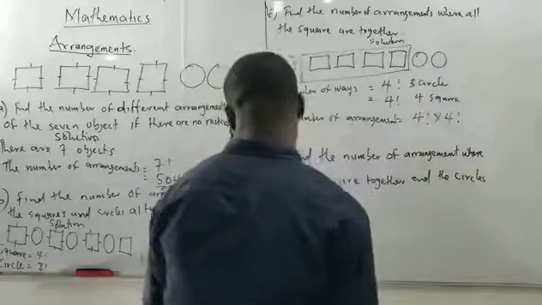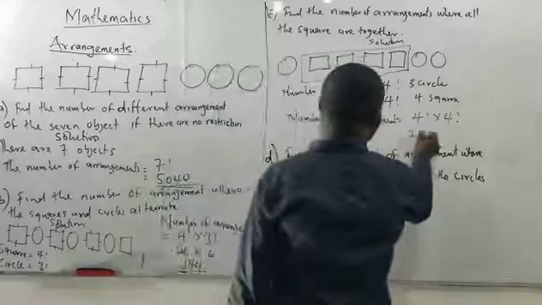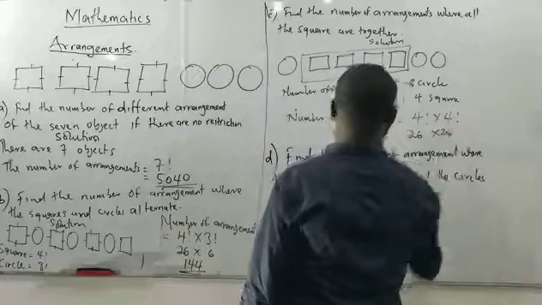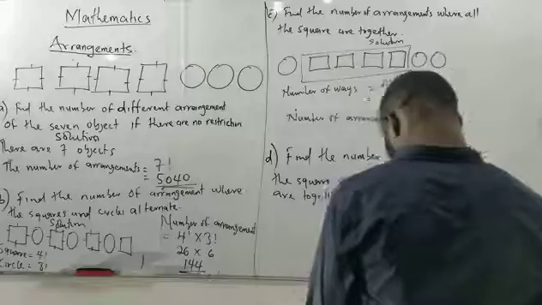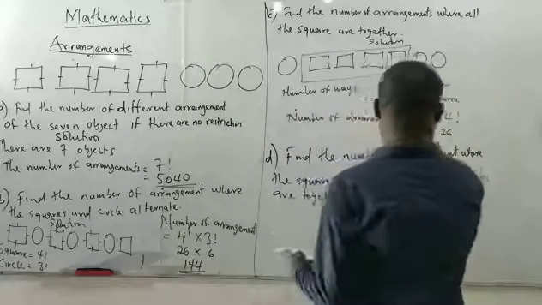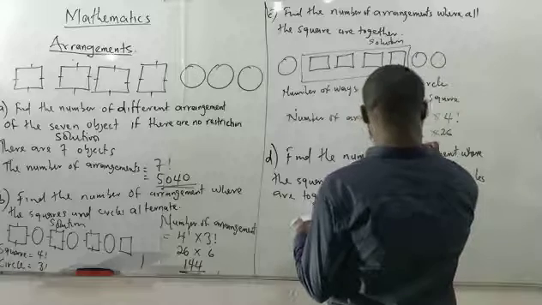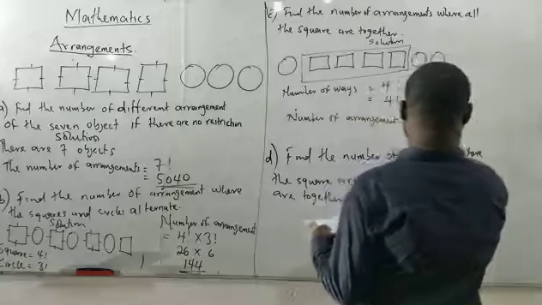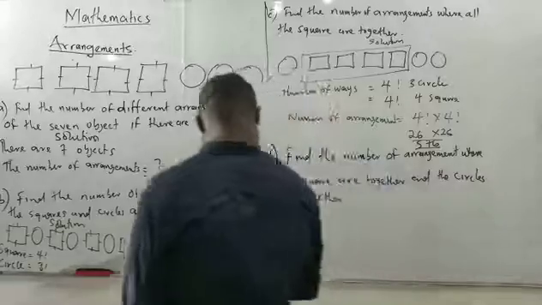We want to evaluate that, 24 multiplied by 24, it will give us 576. That's just it.